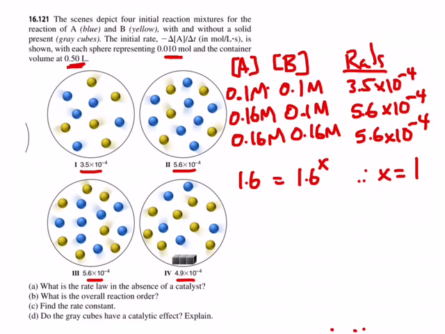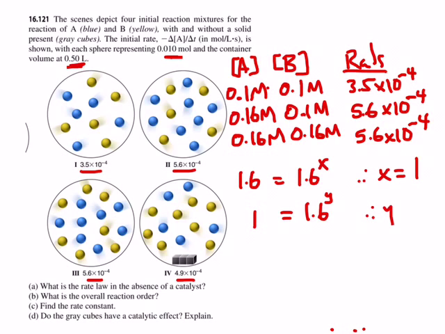If I do the same thing with trials 2 and 3, I'll divide their rates, 5.6 divided by 5.6, I get 1. The A's will just cancel, as will the rate constants. I don't think I said that earlier. And we'll be left with 0.16 to the y divided by 0.1 to the y, which is 1.6 to the power of y.